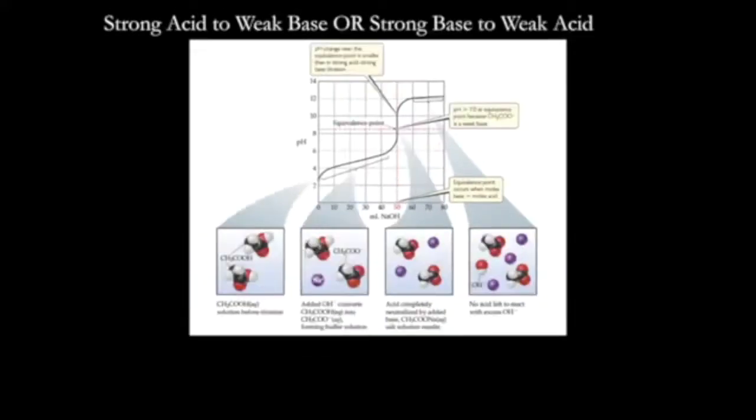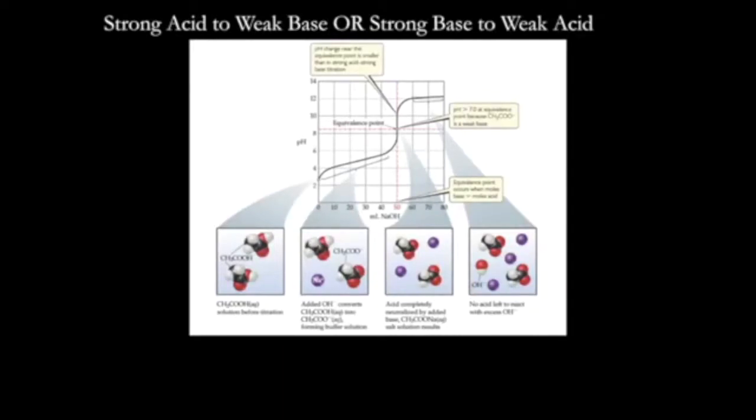Now that we've talked about strong acid and strong base titrations, we're going to work with a strong acid being added to a weak base or a strong base being added to a weak acid. This titration curve shows a strong base, NaOH, being added to a weak acid.